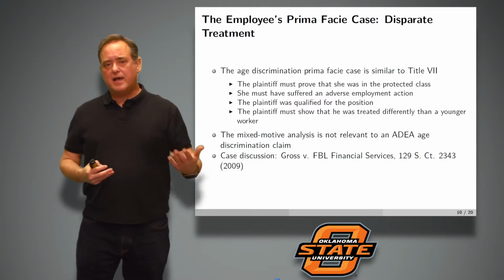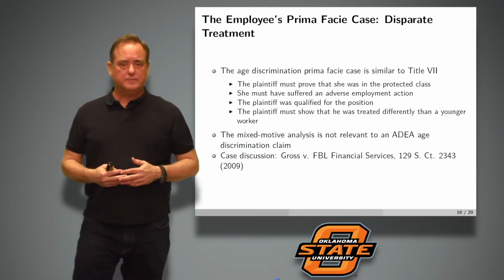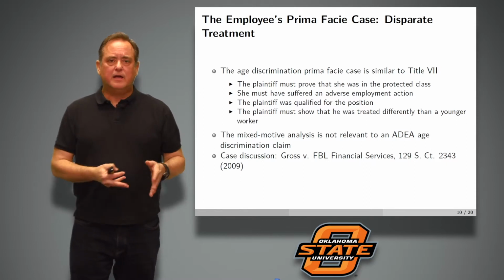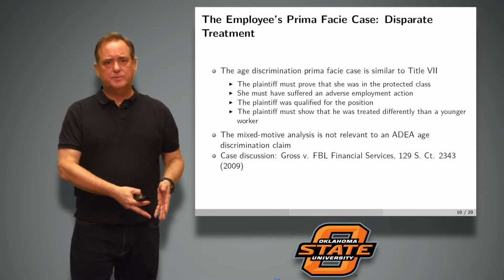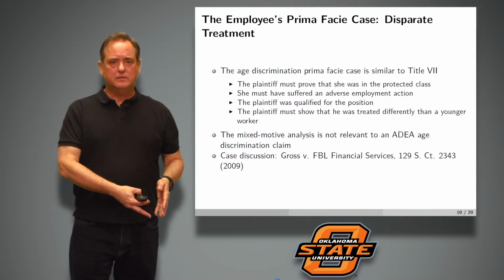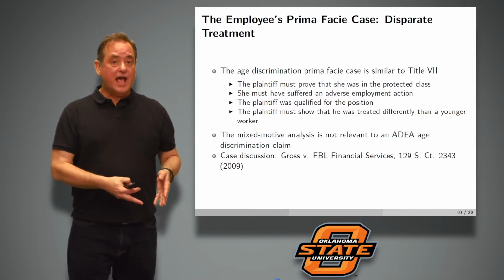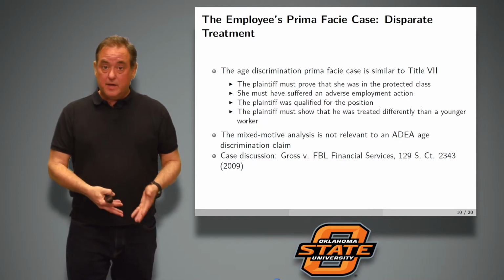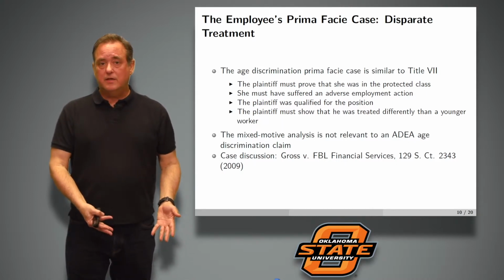But in 2009, we had a case that went to the Supreme Court. And in that case, the court said, hey, Congress changed mixed motive for Title VII in 1991. They could have chosen to change the ADEA, but apparently chose not to.